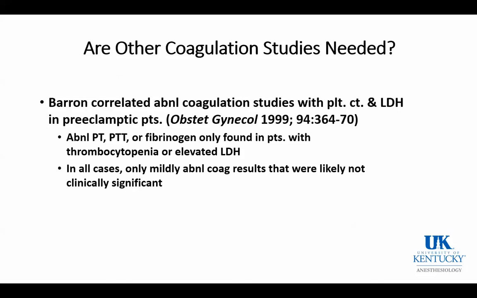So in all other cases, they didn't find any significant abnormal coagulation results. Any mild changes that they saw were not clinically significant. So again, primarily you want to get coags in the patients who have either thrombocytopenia or abnormal liver function.